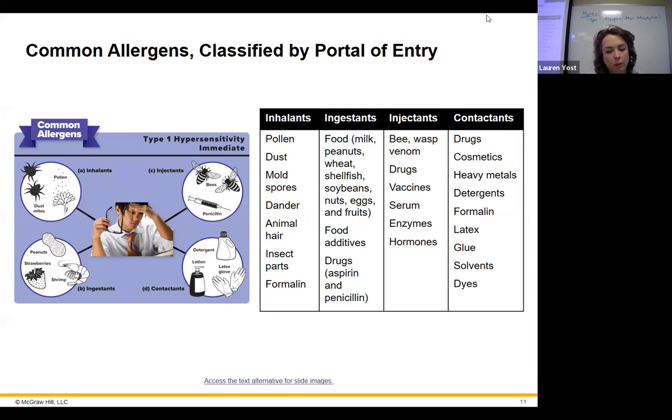If you are allergic or sensitive to bee or wasp venom, it would not take very many stings to have you go into anaphylactic shock if you didn't know you were allergic and you already were sensitized. Because remember, your first exposure to a bee, the first time you get stung, you probably wouldn't think anything of it. You just got stung by a bee and it hurt and you went on with your life.